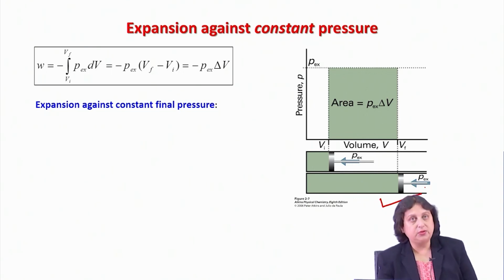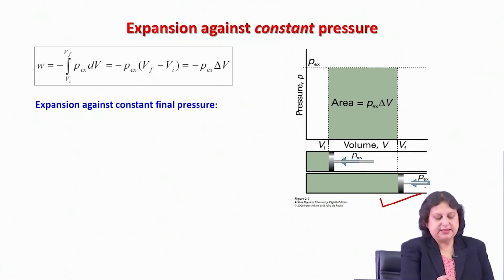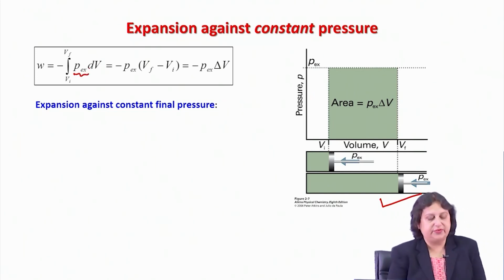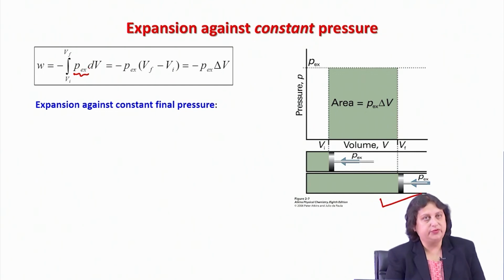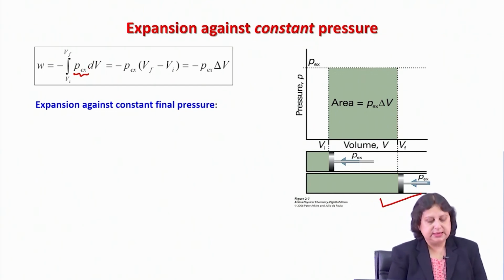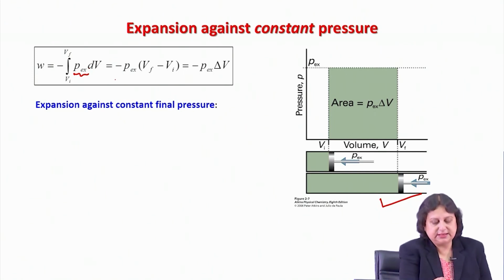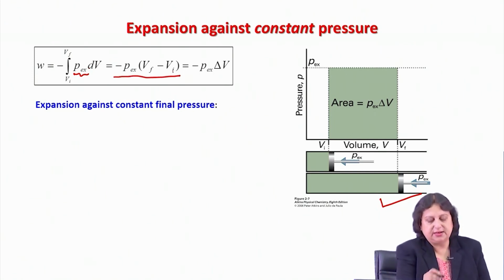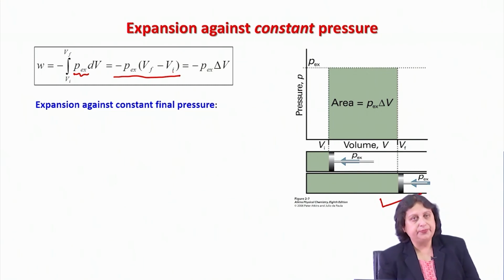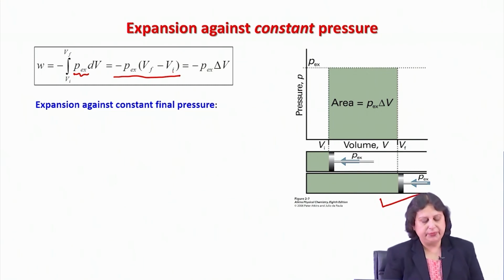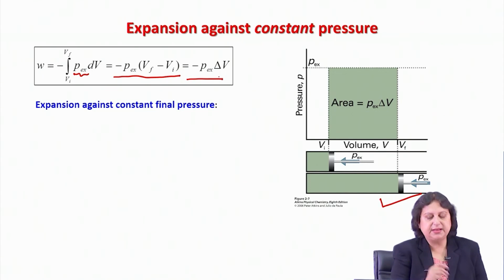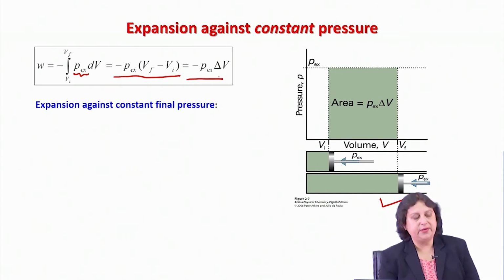Now can I find out what W is under such conditions? Since P external is a constant value, I can take it out of the integration, and then I can do the integration and say that the result is minus P external into the final volume minus the initial volume, which is nothing but minus P external into delta V.